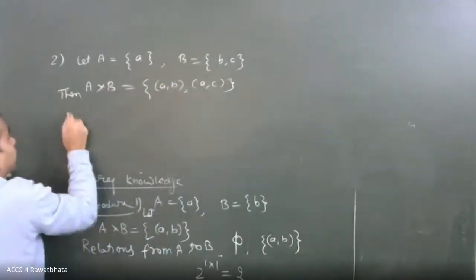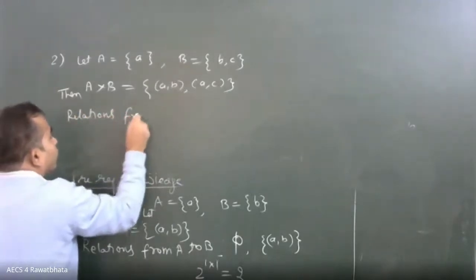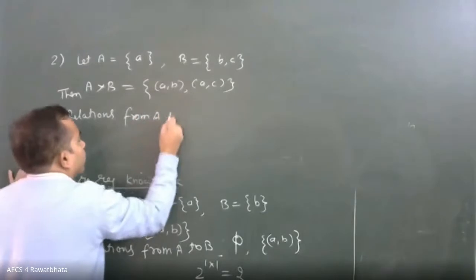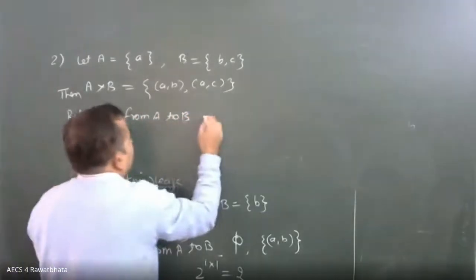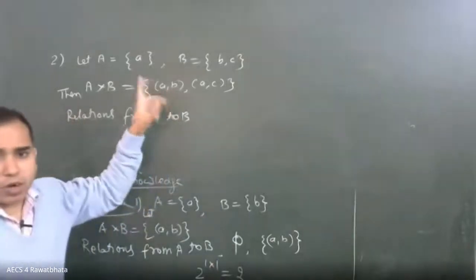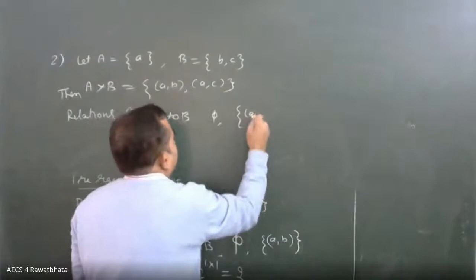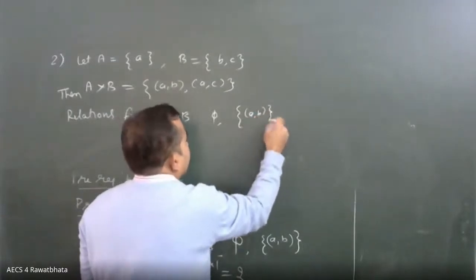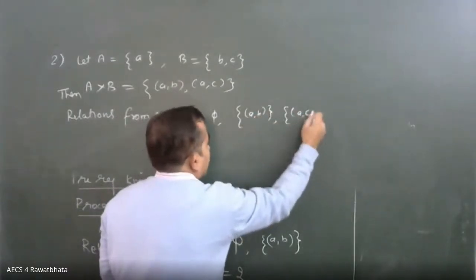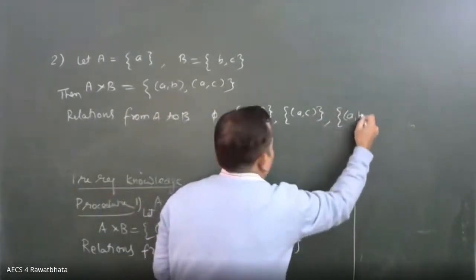Then relations from A to B you can find. Now it's subsets. All possible subsets you write. All possible subsets will be 5. This one element, or AC, or both you take.